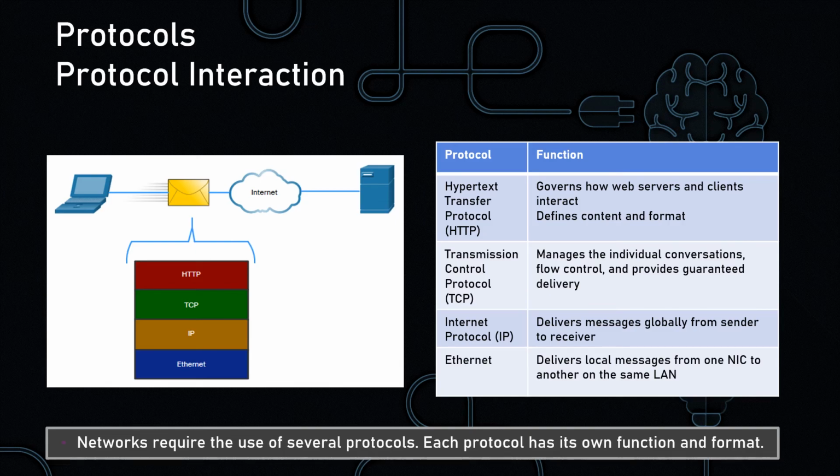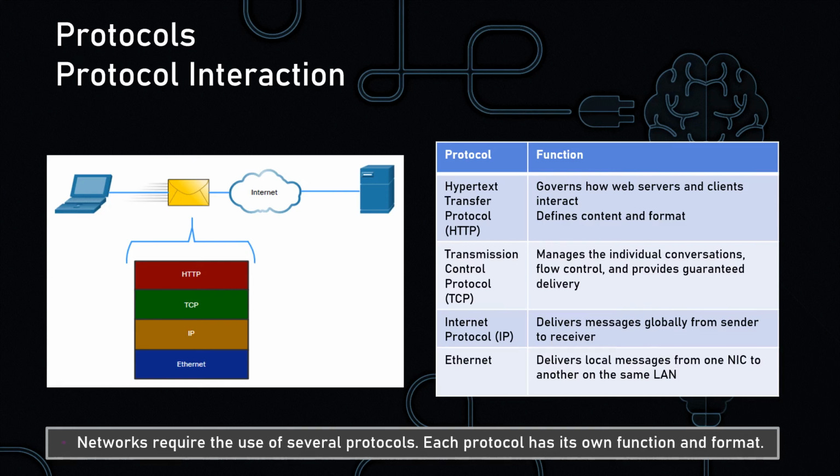HTTP, or Hypertext Transfer Protocol, governs how web servers and clients interact, and it defines our content and format for transmission. Transmission Control Protocol deals with individual conversations between hosts, flow control, and provides guaranteed delivery through sequence numbers and verification checks.